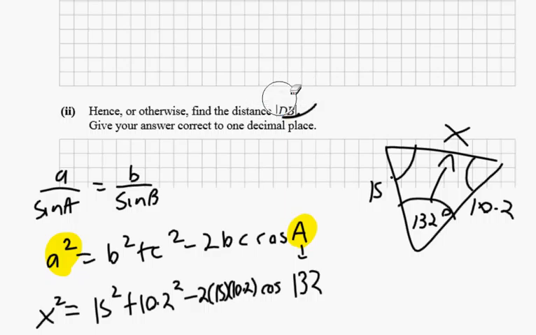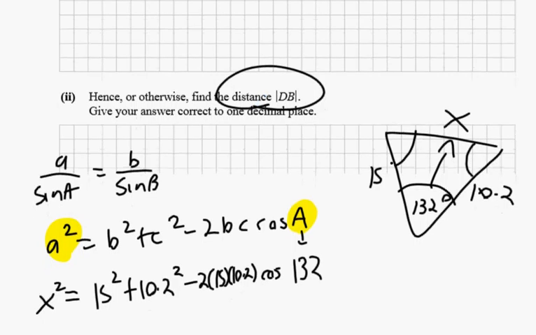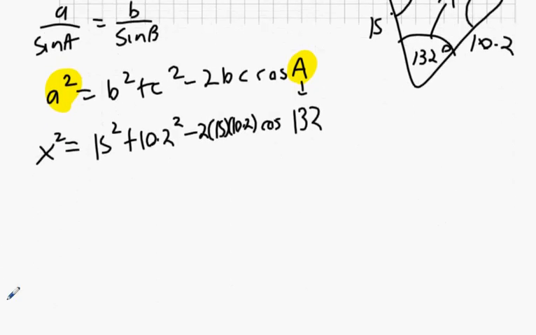It's asking for your distance dB. Do distance questions end in sine, cos, or tan inverse? No, never end that way. So, therefore, you know that you're on the right track. You put all of that into the calculator and you find x squared is going to be, what's it, 533.79? Square root it, and we get 23.1.